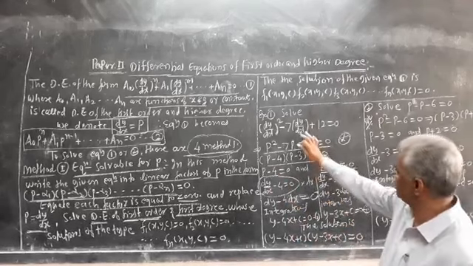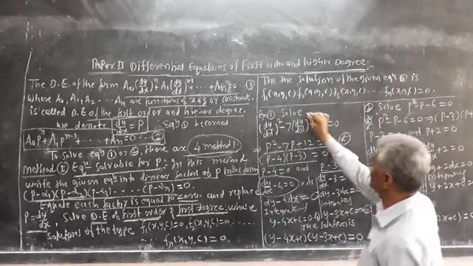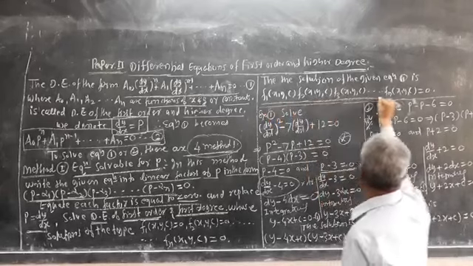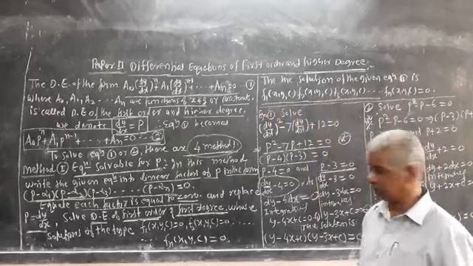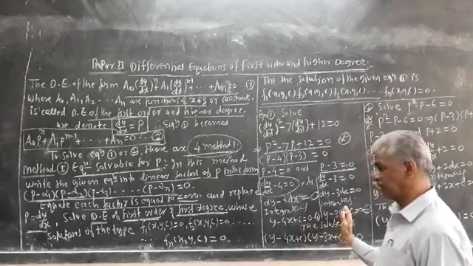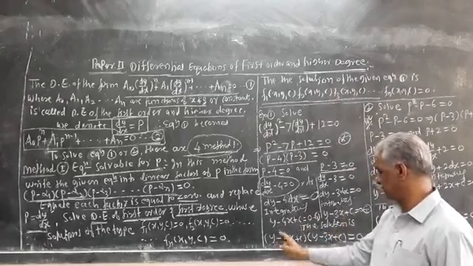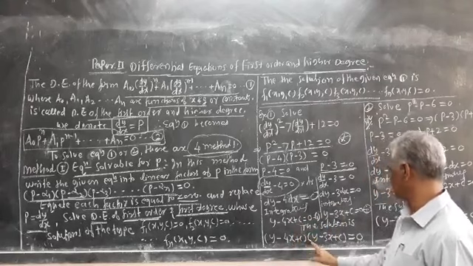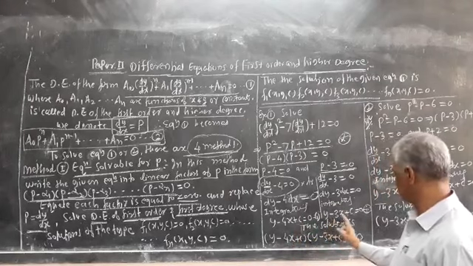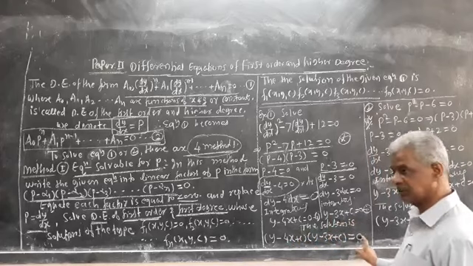Hence, what is the solution of this given differential equation? The solution is nothing but the product of all these solutions. The first solution is y minus 4x plus c, into the second solution y minus 3x plus c, that is equal to 0.